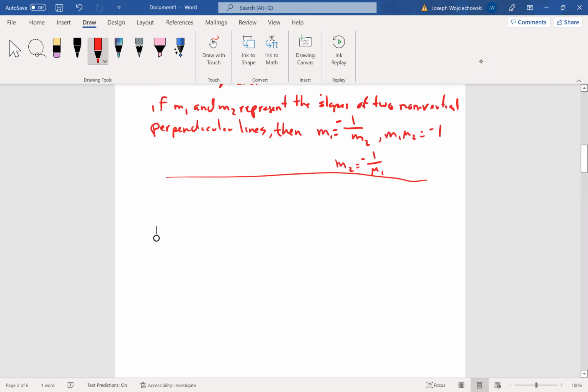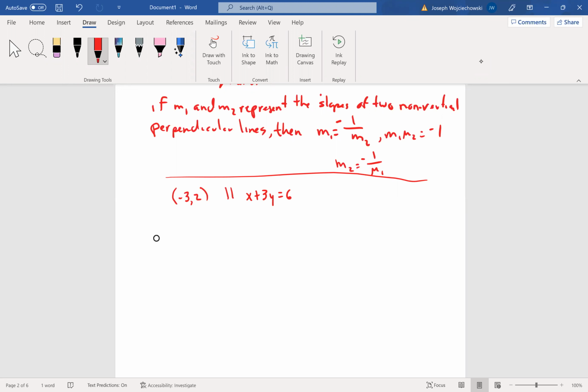So write an equation of a line passing through the point -3, 2, parallel to the line x plus 3y equals 6. It says write the answer in slope-intercept form. Okay, so first thing we need to do, we're doing parallel, so the slopes are going to be the same.